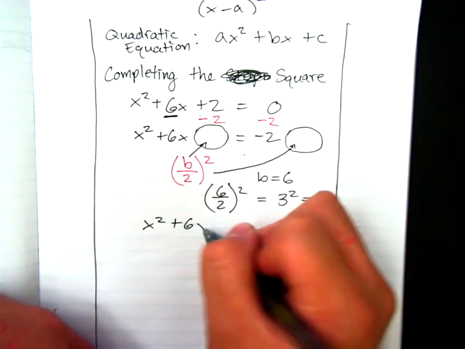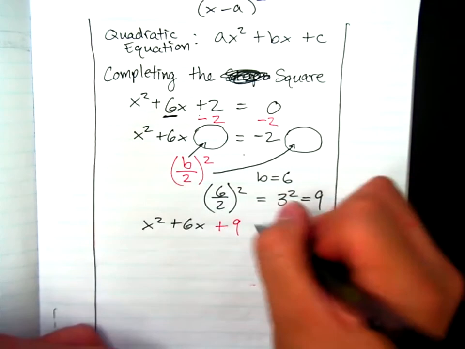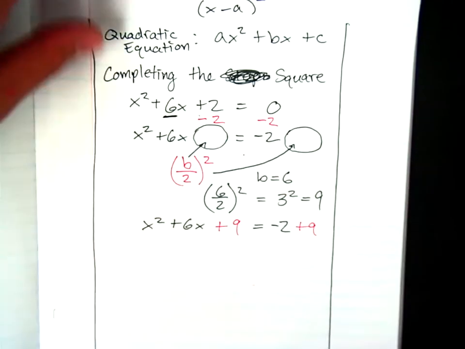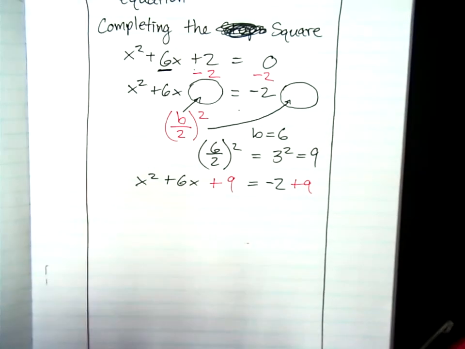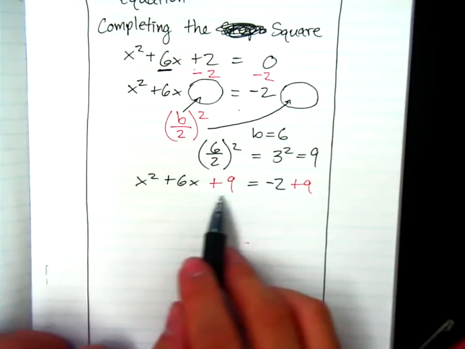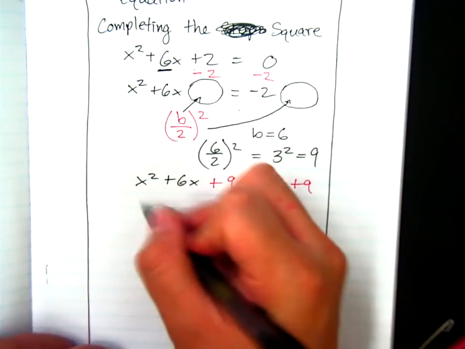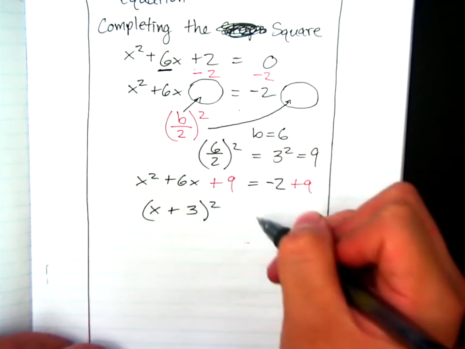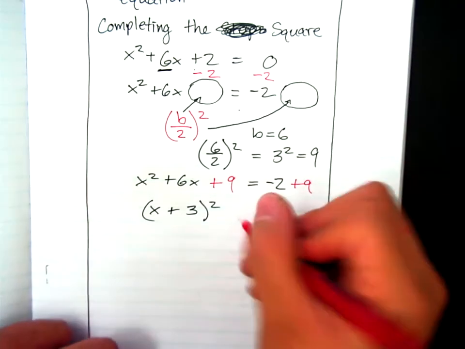So x squared plus 6x plus 9 equals negative 2 plus 9. With this, we're going to go ahead and simplify on the right side as well as factor on the left side. With this, I end up getting one of my special factoring terms, and this breaks up into x plus 3 squared. Okay. If you need to remember how to factor, try to review that on your own.